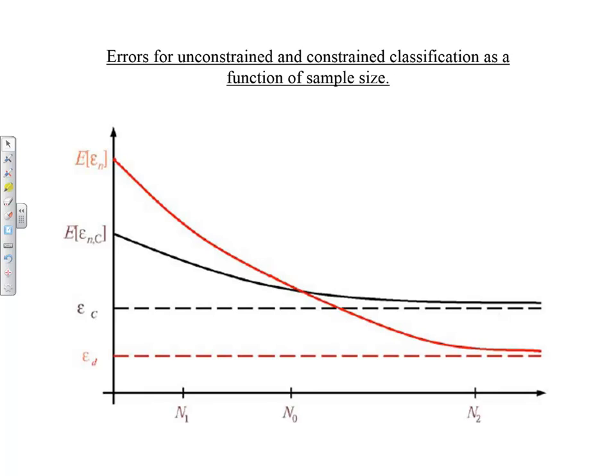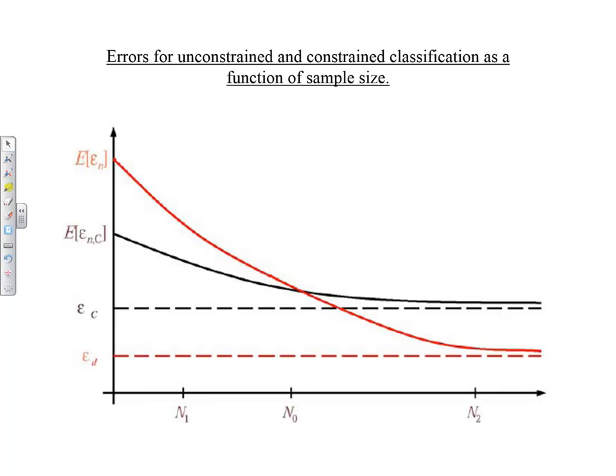Now the other scenario is where you have constrained the classifier upfront, even before you took any samples. You've already lost something, so the error of the best constrained classifier is shown by the dashed line here. Now you design the constrained classifier using samples, so there's a design error associated with the constrained classifier, because of which the expected error will look like this.